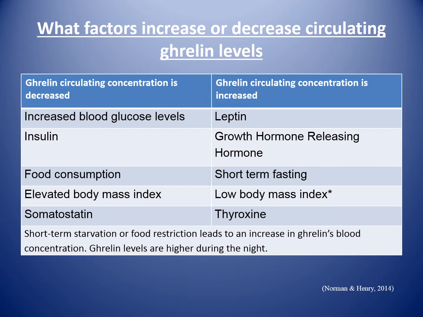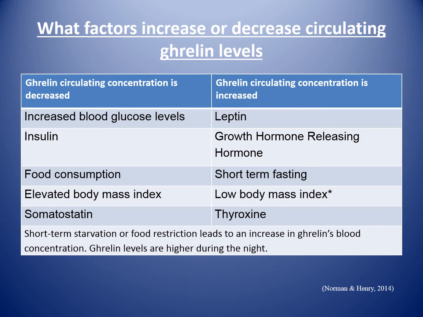So with food consumption leading to increased blood glucose levels and increased insulin secretion levels, the Ghrelin circulation will be decreased. Somatostatin, which is the antagonist to growth hormone releasing hormone, also will increase while ghrelin decreases.